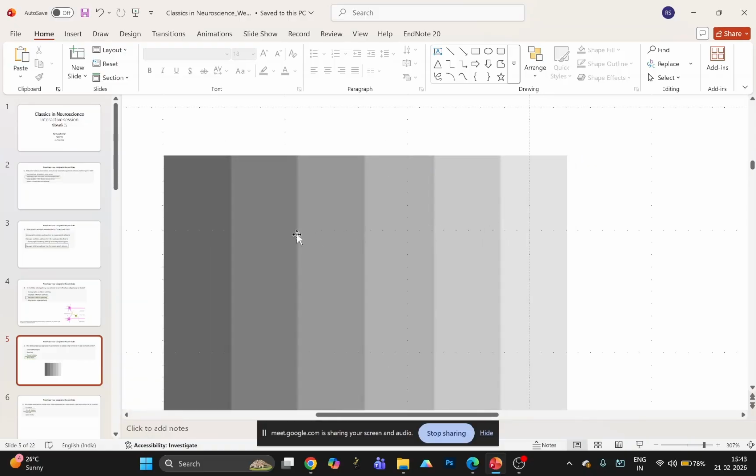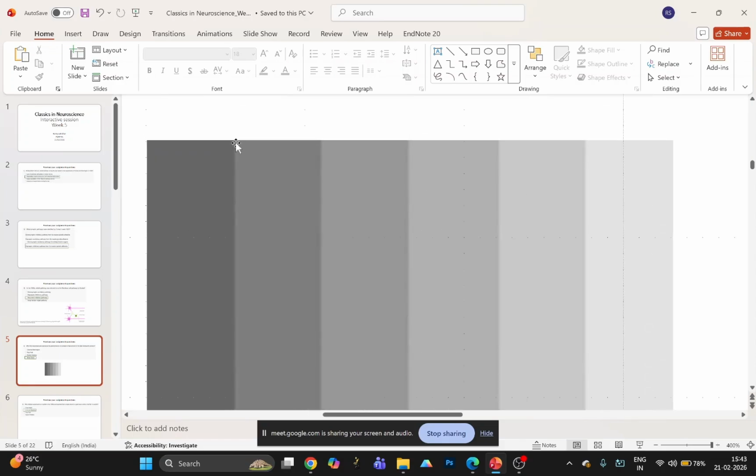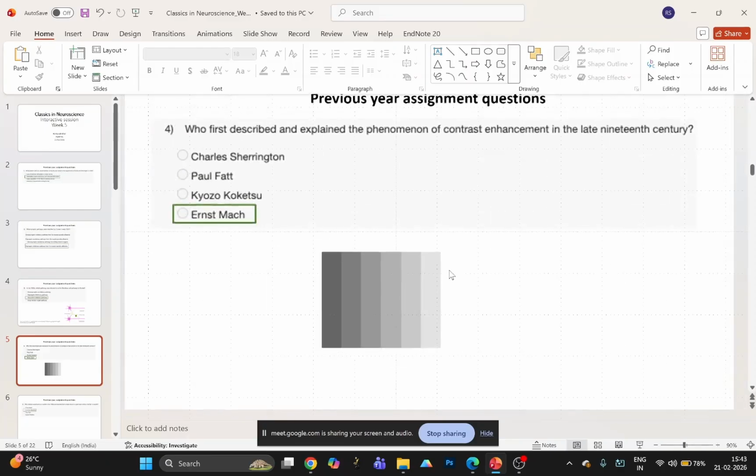At each of these edges, you will perceive it like that. Although this band is uniform and this band is uniform in terms of color, at the border it looks as if the lighter band is looking lighter and the darker band is looking darker. So this is the phenomenon of contrast enhancement.